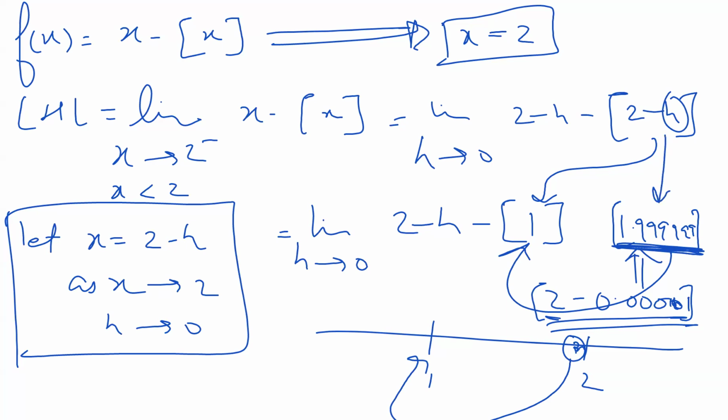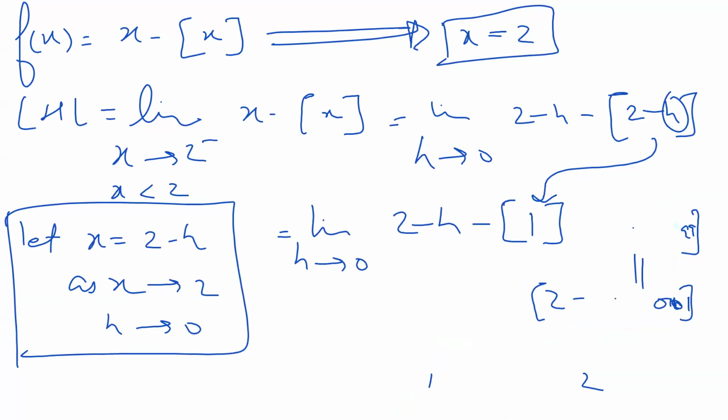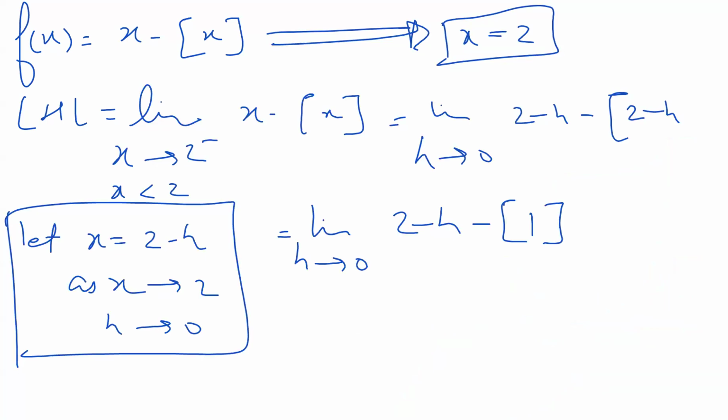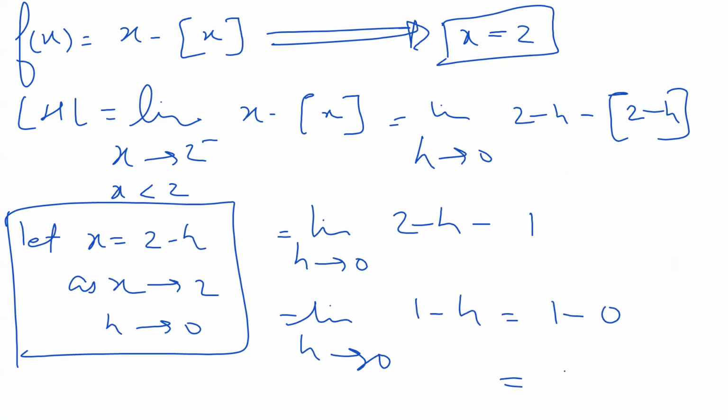So the greatest integer of 1.9999 is 1. Okay. So now see this. I hope you understood the reasoning over here. Now the box of 2 minus h is 1. And I need not put a box over here because we calculated the answer. So this will be 1 minus h, 1 minus 0, which is 1.